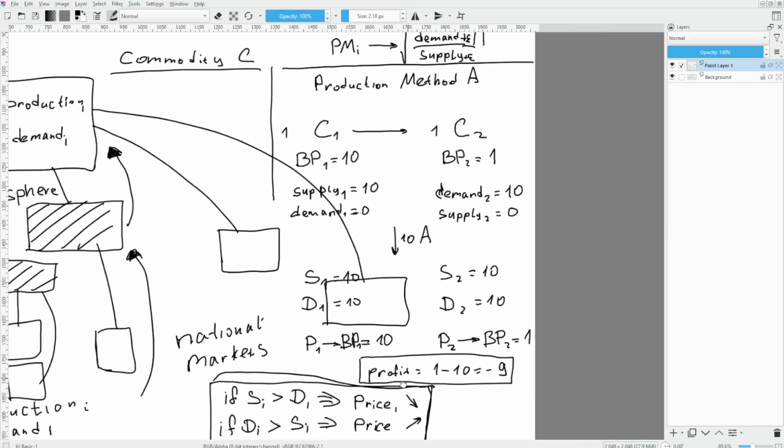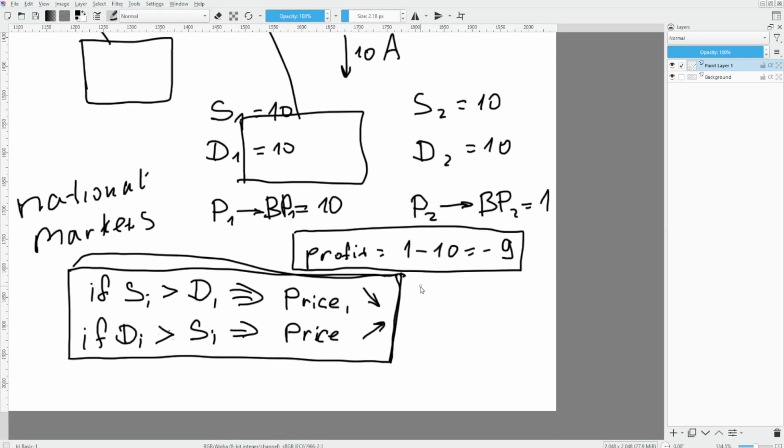Because you can clearly see that if you have, for example, supply equal to 2, demand equal to 1, then you have price tending to, well, for example, base price equal to 1, then you have price tending to half of the 1, and that's all.